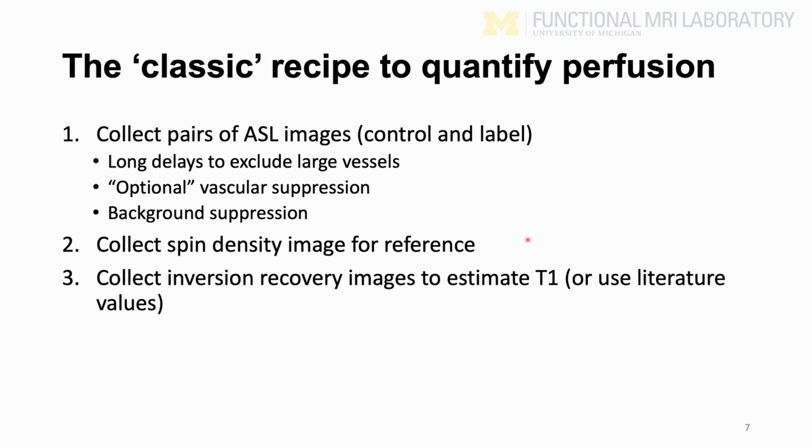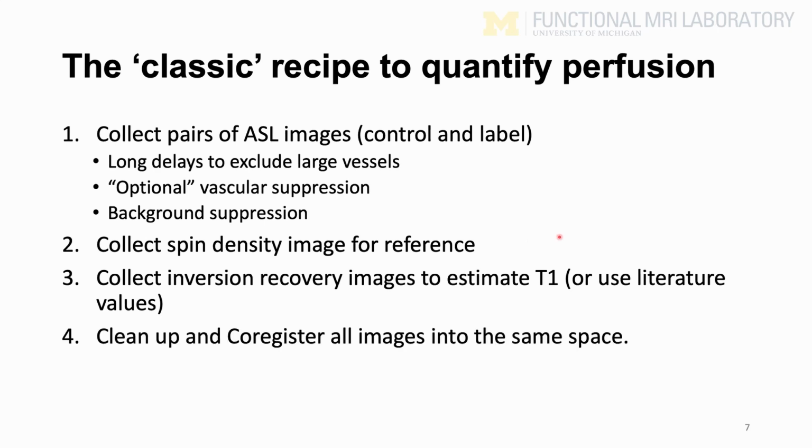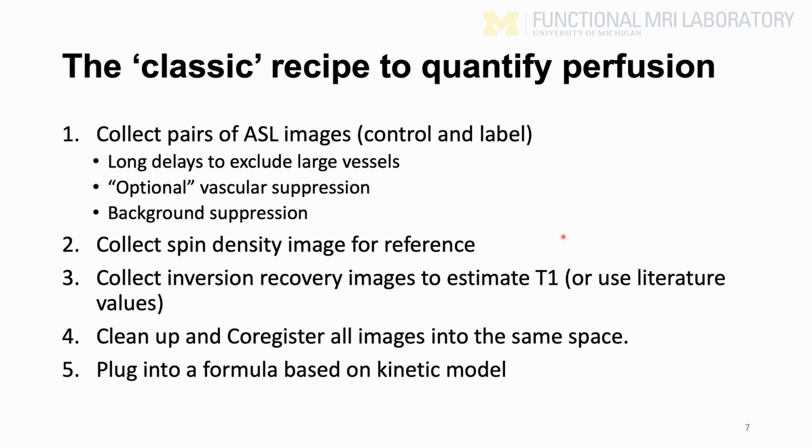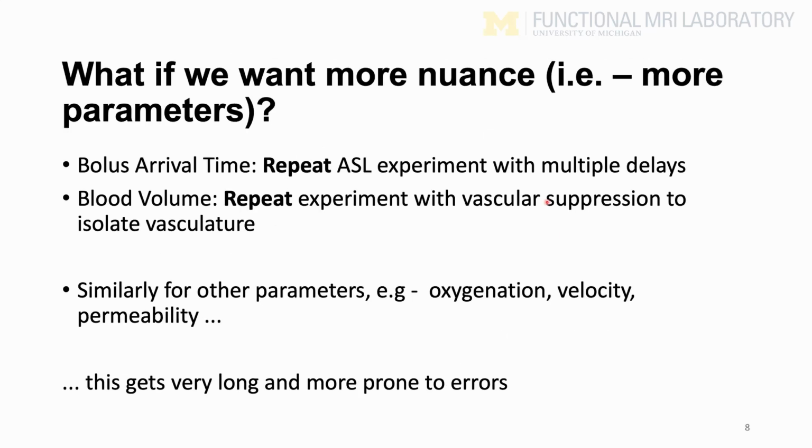We also need to know the T1 of the tissue, so you'll need some kind of inversion recovery experiment, or you can just sort of assume values with whatever error that entails. You're going to have to clean up and co-register all the images into the same space. And then all of this is going to go into a formula that's going to give you a blood flow map. And this formula is based on a kinetic model.